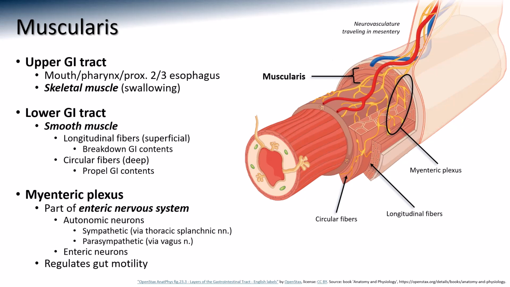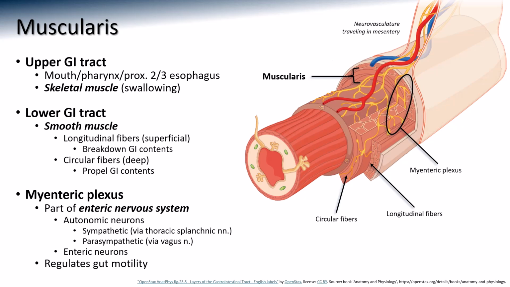So there's a slow gradation in the esophagus where striated muscle makes up less and less of those walls as you go down, and smooth muscle makes up more and more until you get to the end and it's all smooth muscle. The smooth muscles in the lower GI tract are arranged in two layers typically.